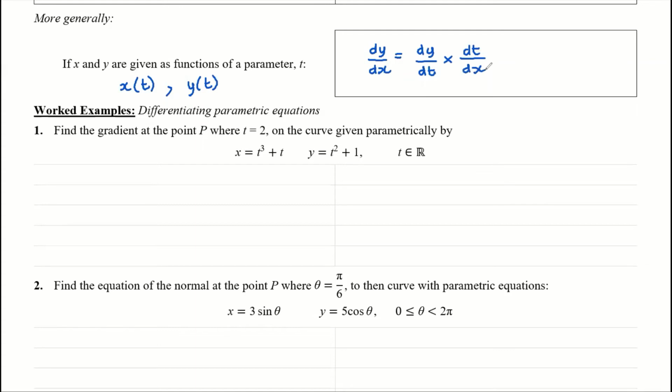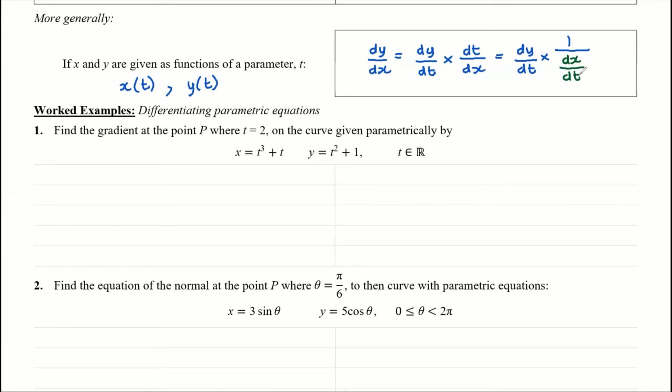Now, if you do a bit of research on this, that's the way I've done it. Another way to express this would be to say, okay, well, this is the same as dy by dt multiplied by 1 over dx by dt, the reciprocal.